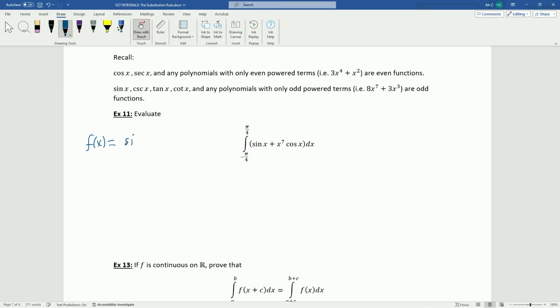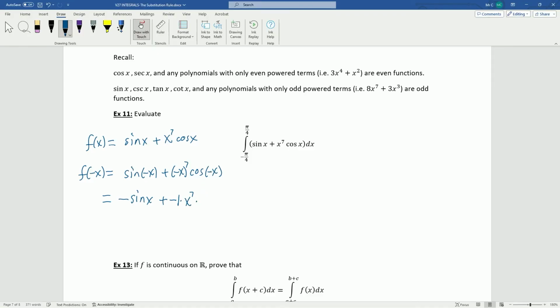If we're thinking about the function sine of x plus x to the 7th cosine of x, what happens at negative x? So I get sine of negative x plus negative x to the 7th cosine of negative x. And sine is an odd function, so sine of negative x is negative sine of x. And negative x to the 7th is an odd function, so negative x to the 7th is also negative 1 times x to the 7th.